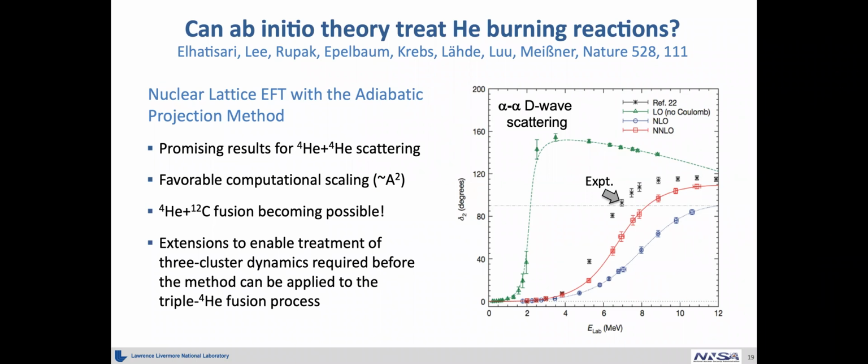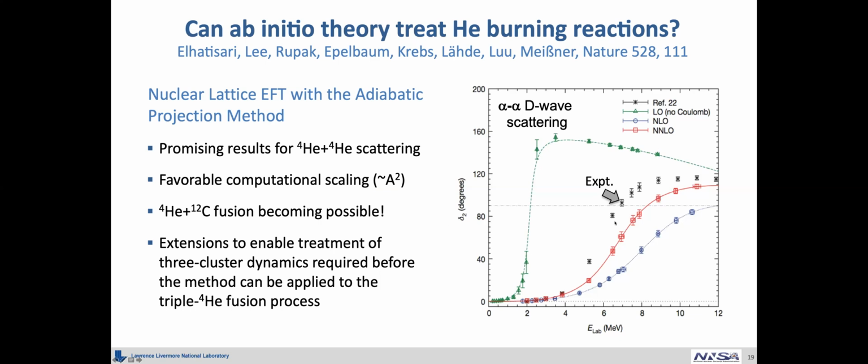Okay, I talked about helium burning in the beginning a little bit. First question is obvious: can ab initio theory be used to describe helium burning? The answer is yes. Pioneering work by Serdar El-Hatissari, whose name I hope I didn't butcher, and collaborators showed that you can actually do ab initio theory to do, for example, alpha-alpha scattering.